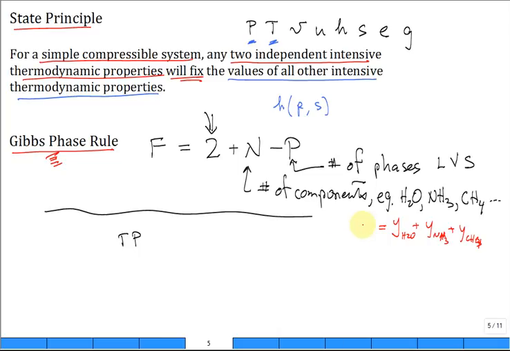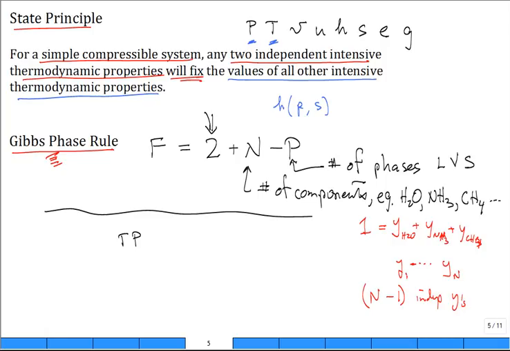So what you have is the y's go from 1 up to n. That's how many mole fractions you have, because there are n components. But you have n minus 1 independent y's, or independent mole fractions.